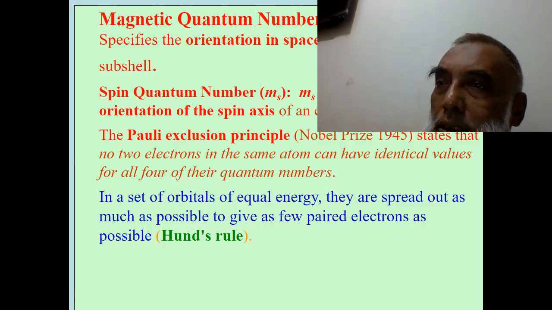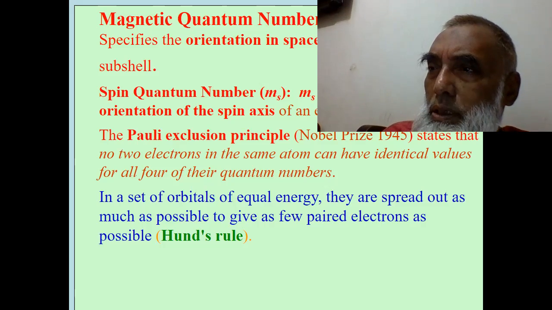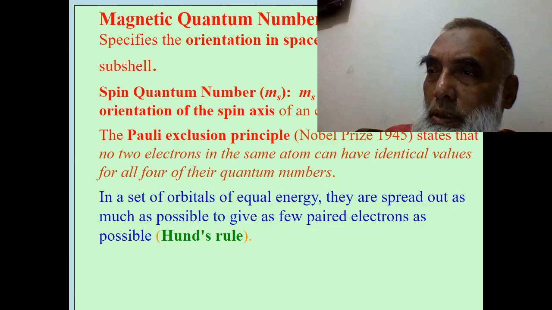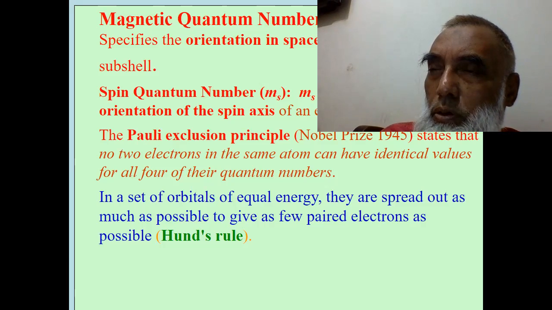Similarly, in the d orbital, there are 5 orbitals of equal energy level: dxy, dyz, dzx, dx square minus y square, and dz square. And 5 electrons may remain simultaneously unpaired in these d orbitals.